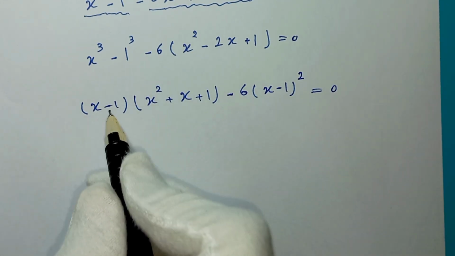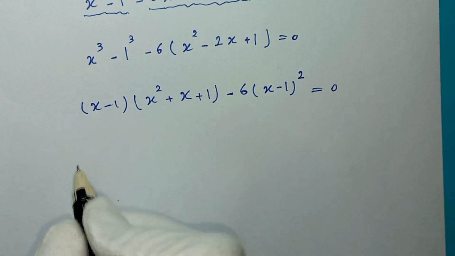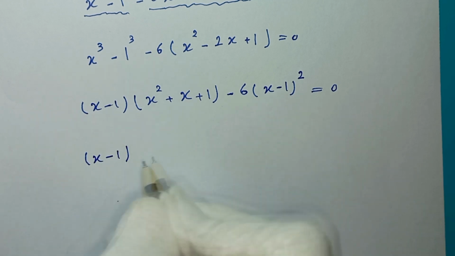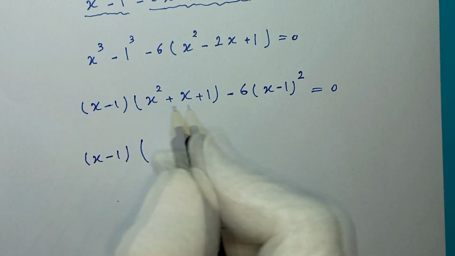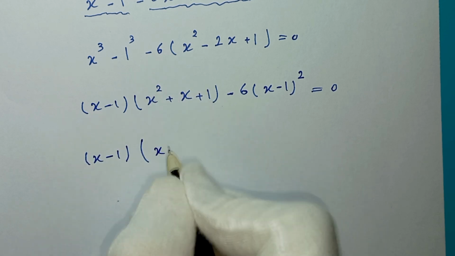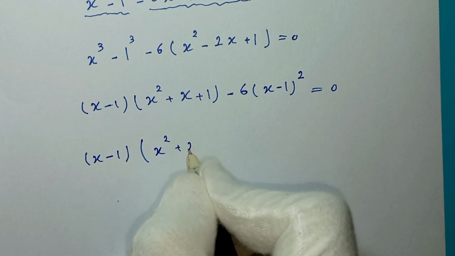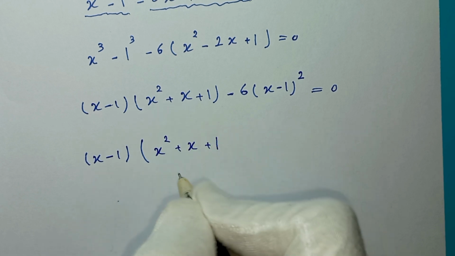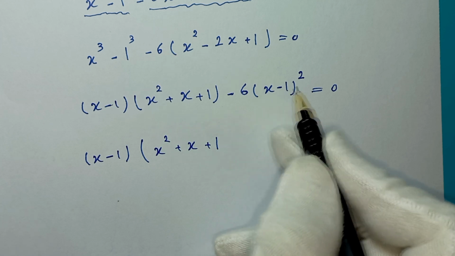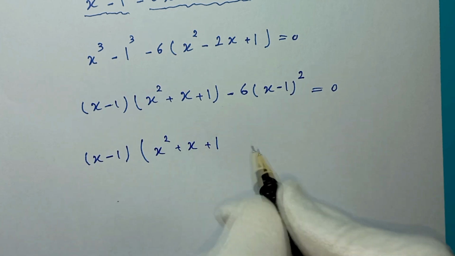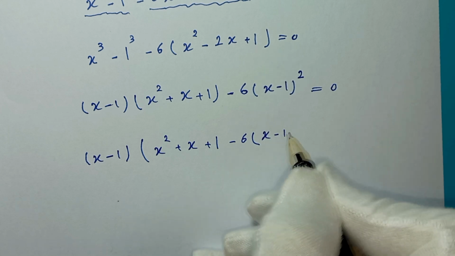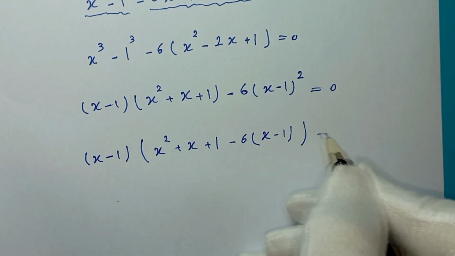And here x minus 1 is common. So we can factor this x minus 1. And this divided by this is this. So it will be x squared plus x plus 1. And here, minus 6 times x minus 1 to the power of 2 divided by this, it will be minus 6 times x minus 1, equal to 0.